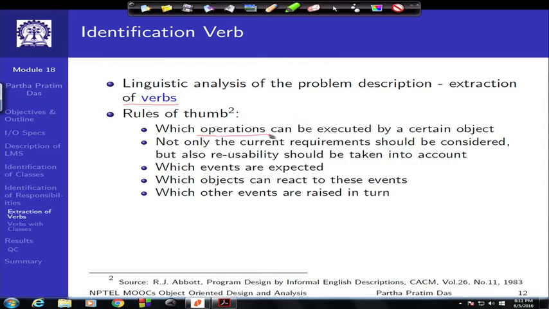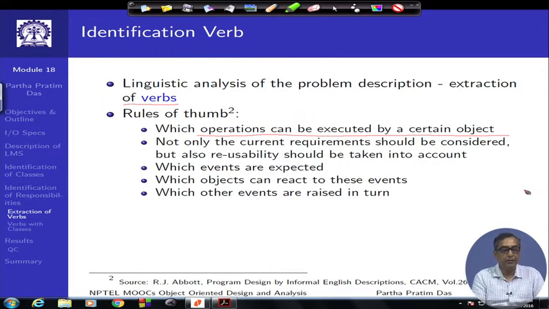So, verbs, like nouns, have a strong correlation with existential realities, and therefore are more indicative of objects and classes. Verbs would be more indicative of actions, but there would be exceptions. In some cases, a verb may actually stand for a connective, may actually mean a property, and so on. But primarily from the verbs we will try to see what operations can be executed by a certain object.